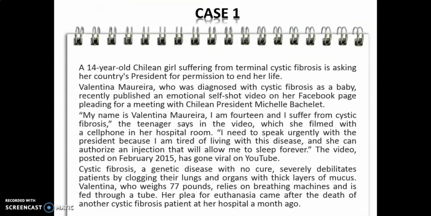So, as for the first case, it is all about euthanasia or mercy killing. Basically, euthanasia is the deliberate advancement of a person's death for the benefit of that person. In most cases, it is carried out because the person asked to die, but there are cases where a person can't make such requests.